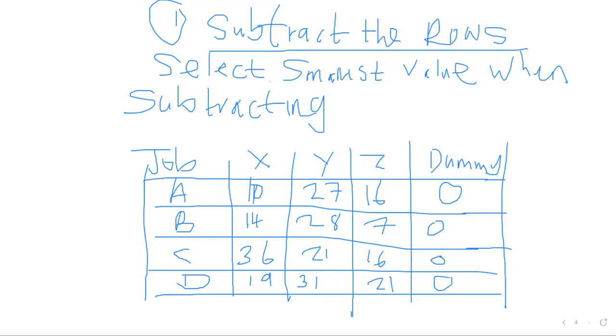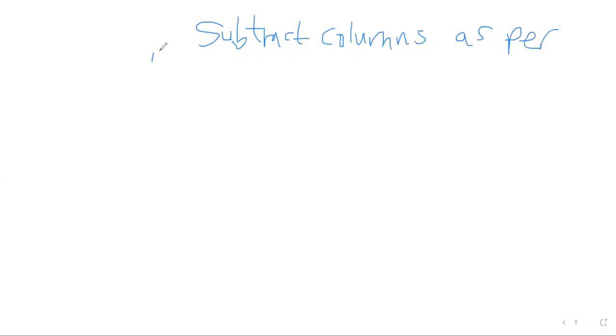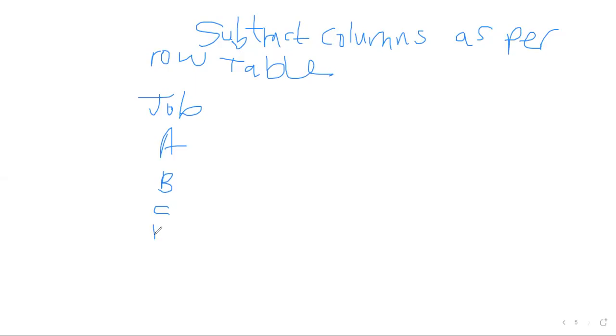Then the next step is to subtract the columns, as we did for the rows. So we're going to have the jobs, but you are going to select the smallest number in each column when subtracting.